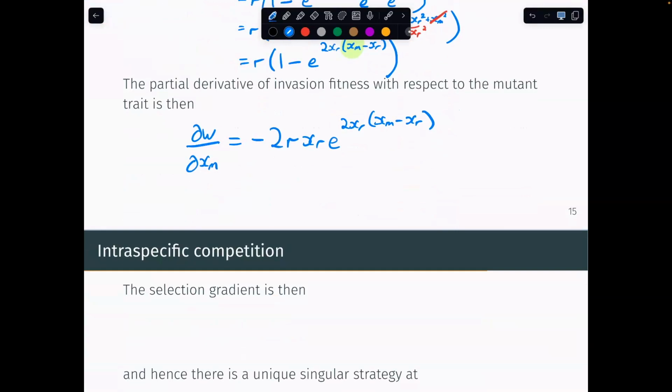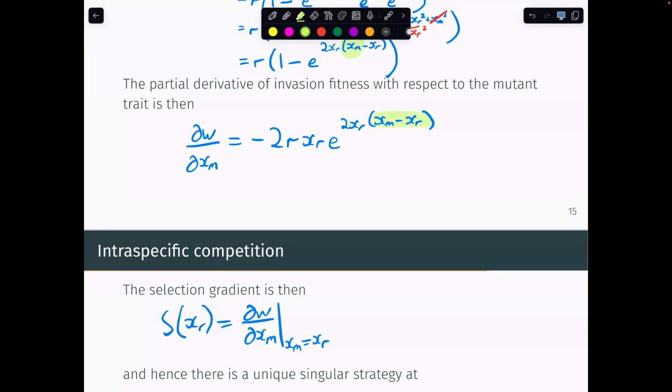That's not our selection gradient though. Our selection gradient, remember, we need to take the second step where we take that partial derivative and then evaluate it when our mutant trait is equal to our resident trait. You notice this works out quite nicely because when we set xm equal to xr, this is going to go to 0.